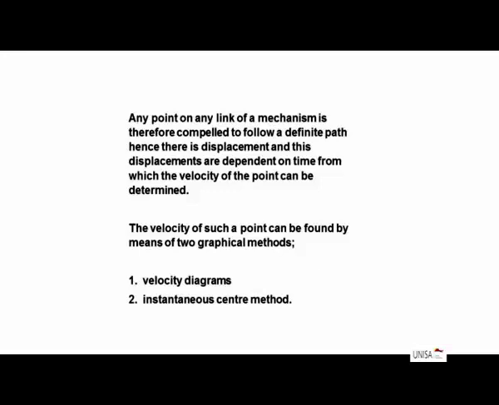Hence there is displacement, and these displacements are dependent on time, from which the velocity of the point can be determined. The velocity of such a point can be found by means of two graphical methods: velocity diagrams and the instantaneous center method. You're going to concentrate on both of these methods.